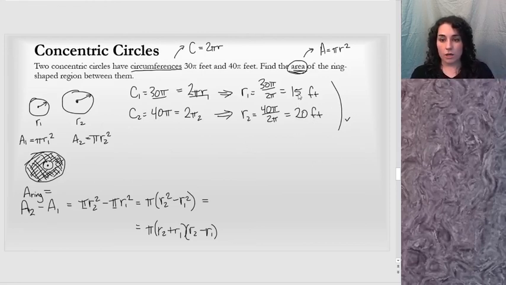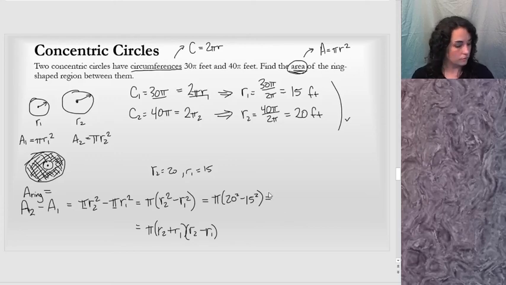Okay. So now that I have 15 and 20, I can use that down here. R2 equals 20 and R1 equals 15. So I can plug those values in. I'll get pi times (20 squared minus 15 squared). Plug this into the calculator. 20 squared minus 15 squared is 175, so 175 pi.